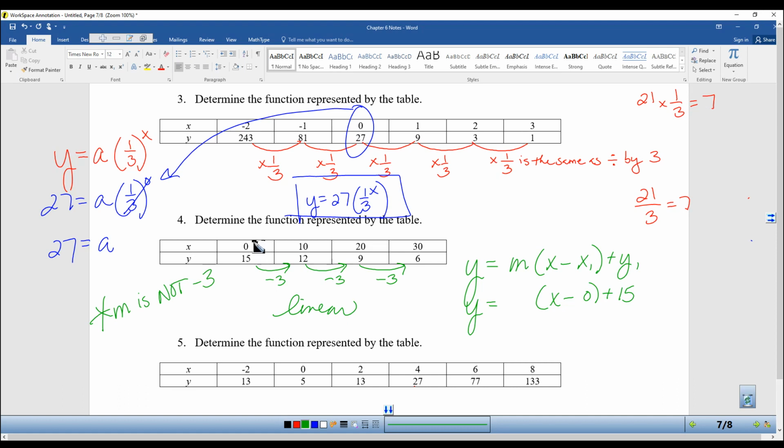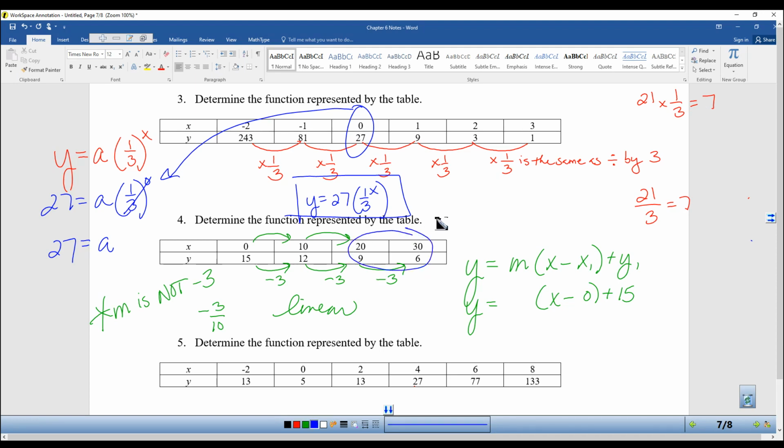But you always have to look at how much x is changing each time. So since x is going from 0 to 10, while y moves -3, the slope is -3 over 10. And if that didn't make sense just doing it in your head, then you could actually just take 2 points.